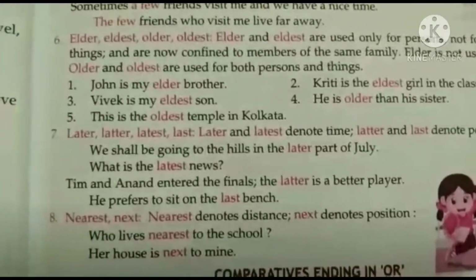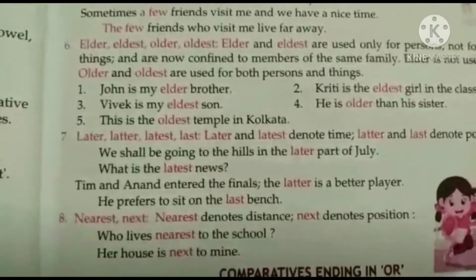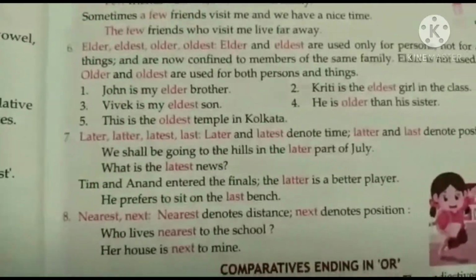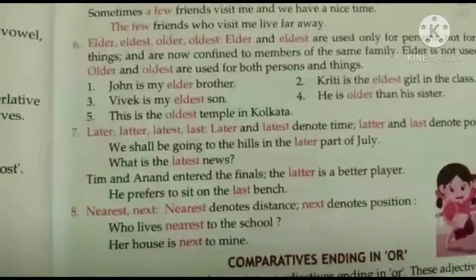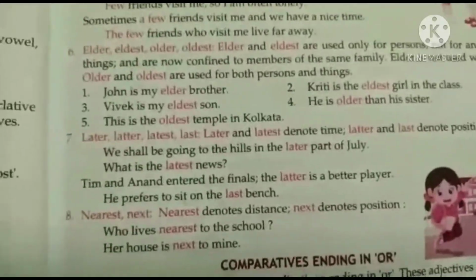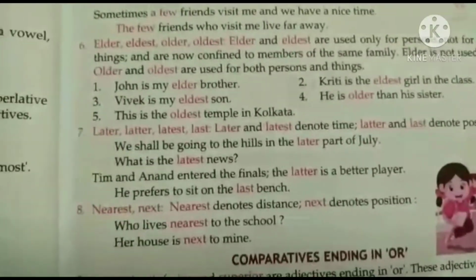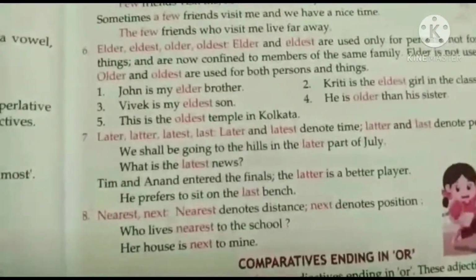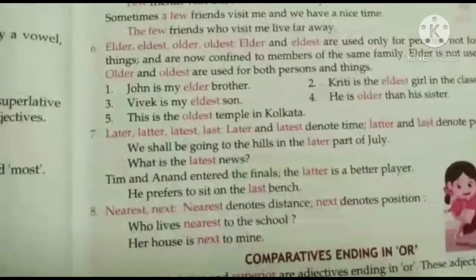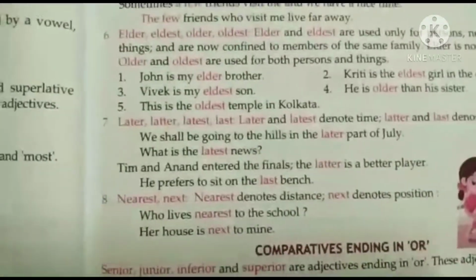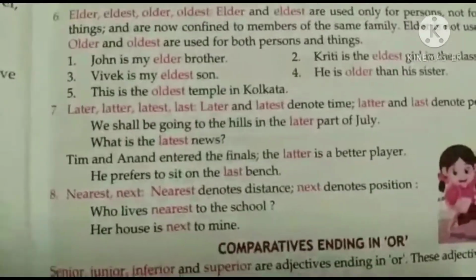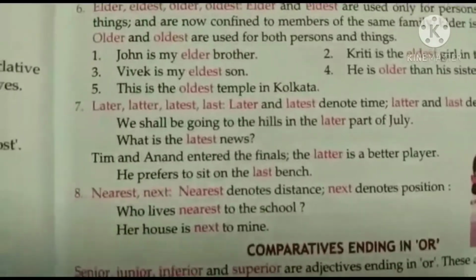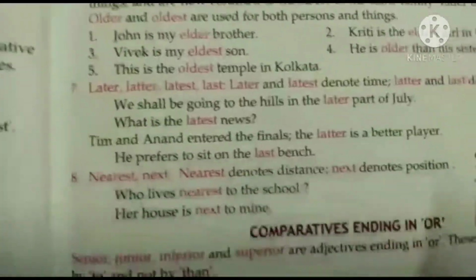Older is used for human beings not having a blood relationship, and older we can use for any animal, things, objects, monuments. Older is used with humans also, but those who have no blood relationship. Clear all of you? So I hope you are clear.